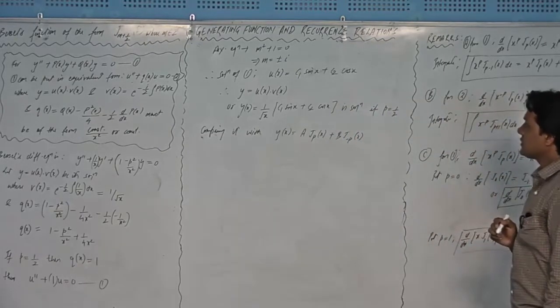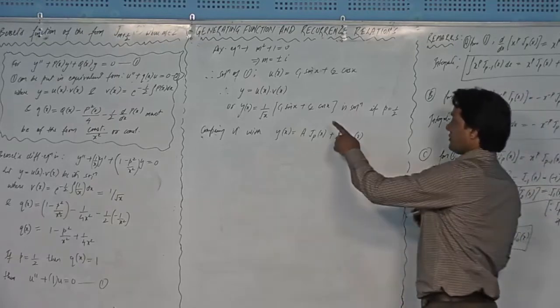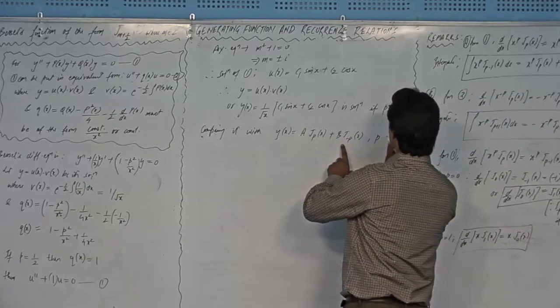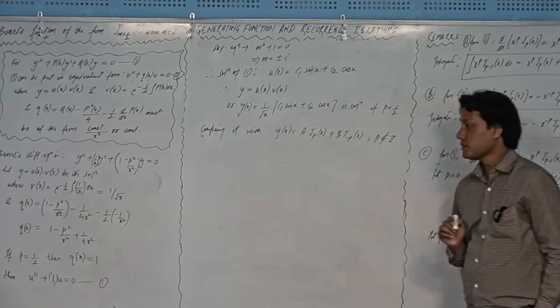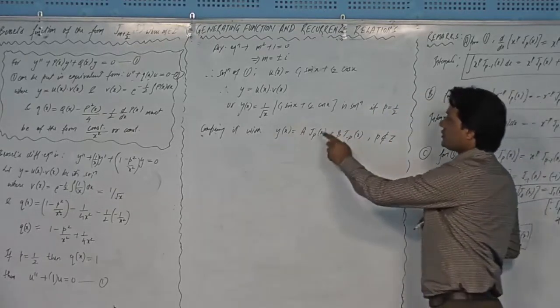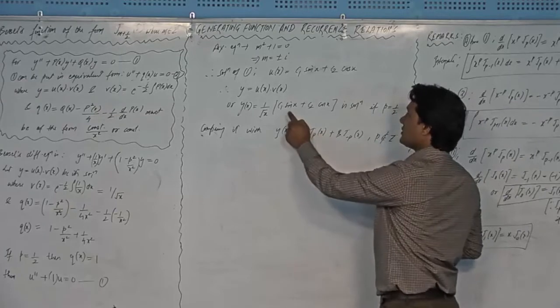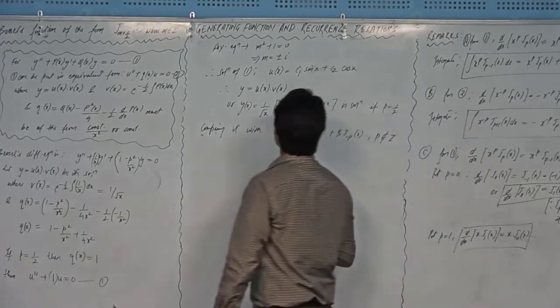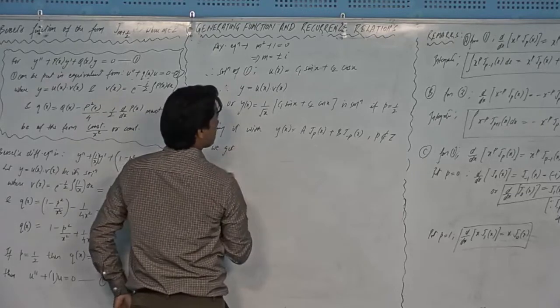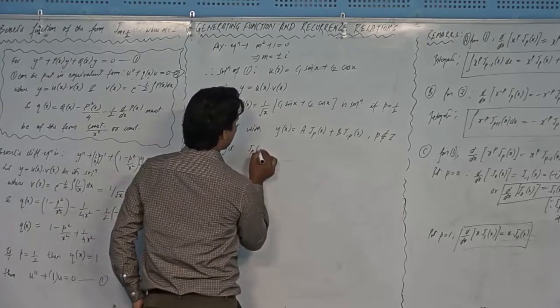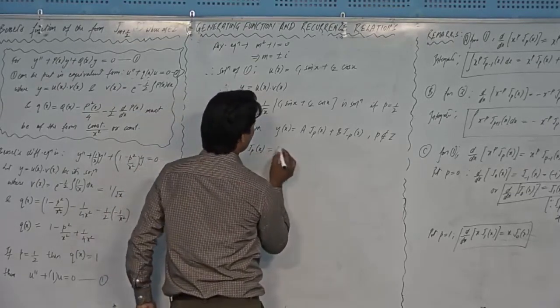So comparing with this, since p was a non-integer, p does not belong to the integers, right? On comparing these two, this J_p(x) will be sin x by root x. We get J_p(x) equal to a constant times... there is always a constant.